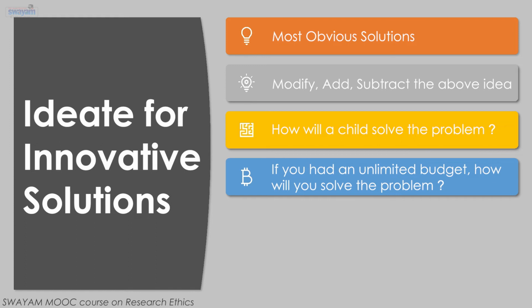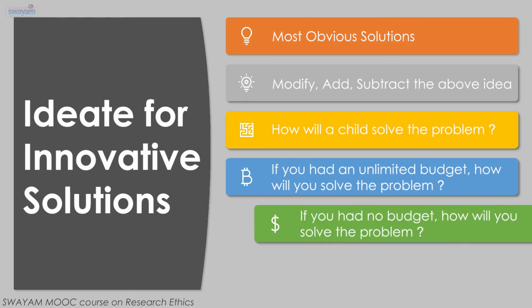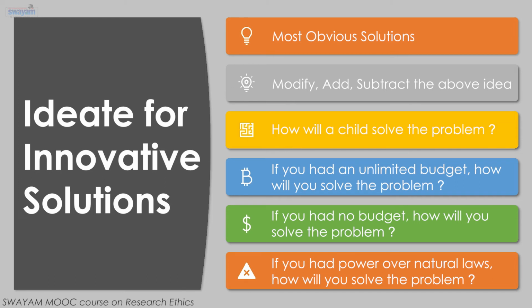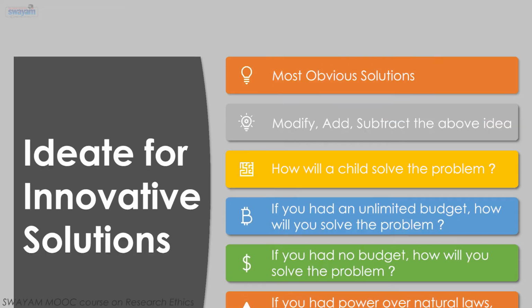If you had an unlimited budget, how will you solve the problem? If you had no budget, how will you solve the problem? If you had power over natural laws, how will you solve the problem? So was that interesting? Did you get a lot of ideas?